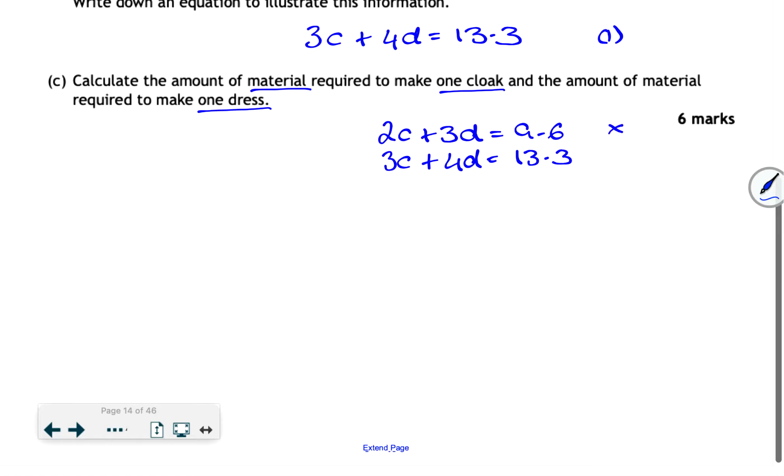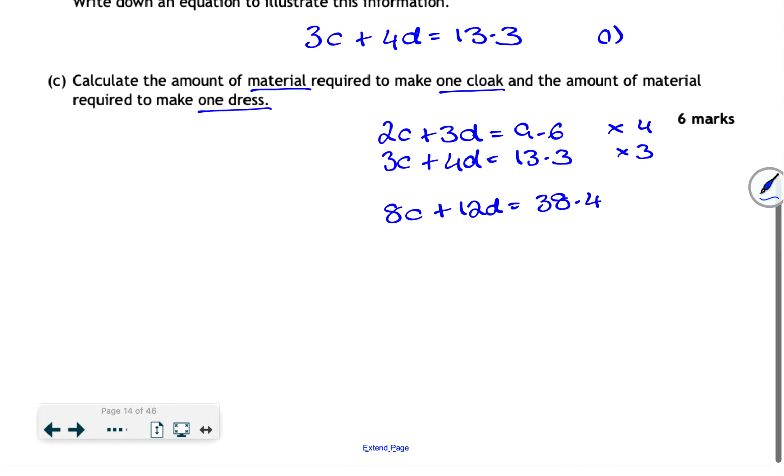So multiply the top by 4 and the bottom by 3. So that's going to give me 2 4s are 8, so it'll be 8C plus 12D is equal to 9.6 times 4, which will be 38.4.